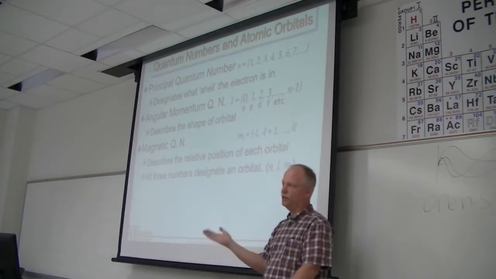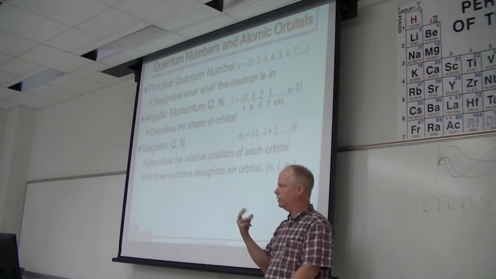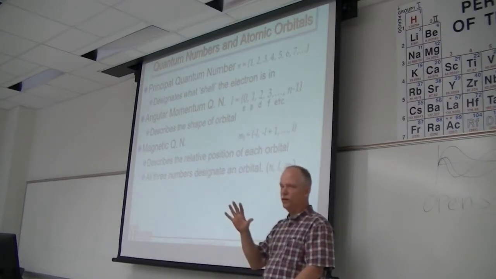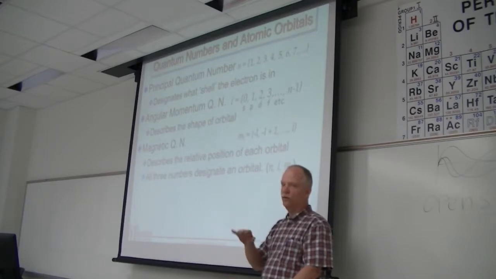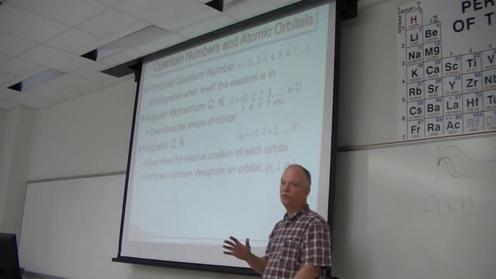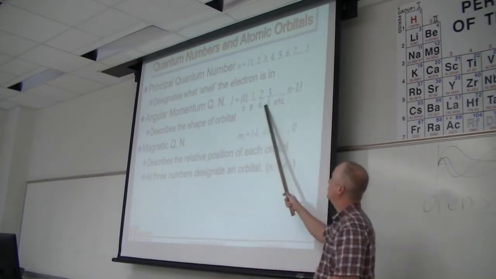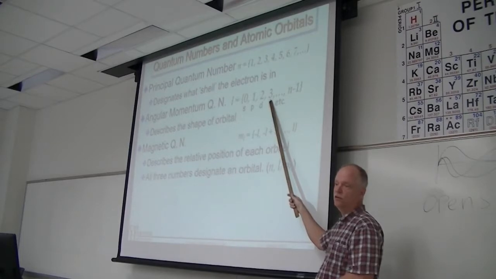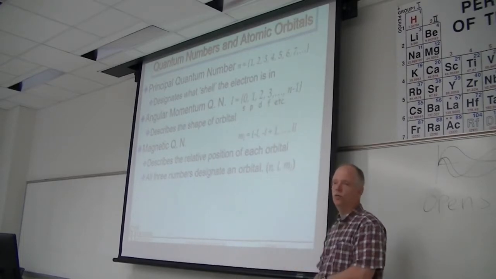And that gives you your Px, Py, and Pz. There's 3 P orbitals because of the m sub L quantum number. There's 5 D orbitals because it goes from minus 2 to plus 2 with 1 and 0 and minus 1 in the middle. And that's why there's 7 F orbitals, because that goes from minus 3 to plus 3 with 0 in the middle. So it's 2L plus 1. That's the number of the orbitals.